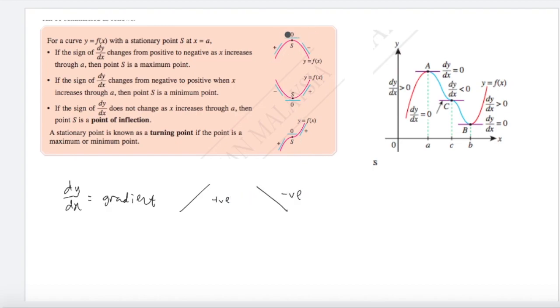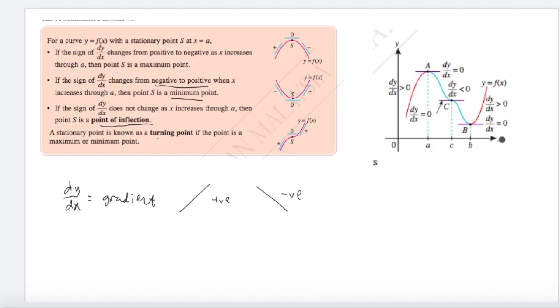So from negative to positive is a minimum point, from positive to negative is a maximum point. If it never changes, positive to positive, it is a point of inflection.